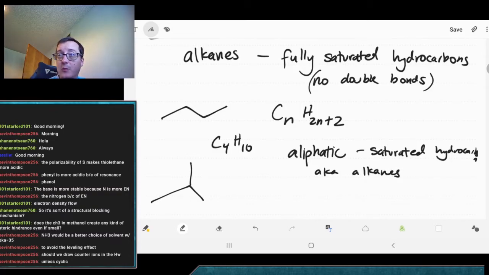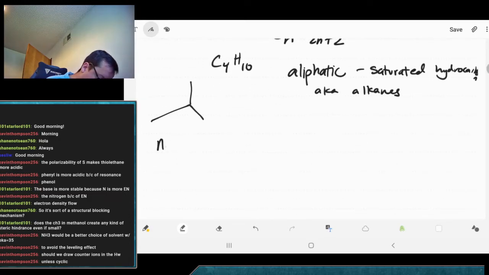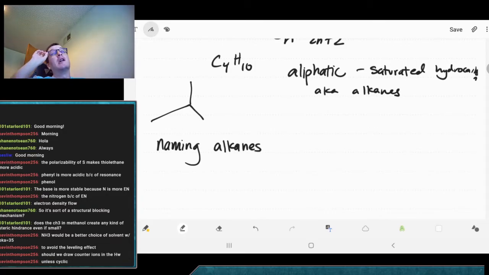The first thing we want to do with talking about all these alkanes is to learn how to name them. We are going to start by learning how to name linear alkanes. This is our first foray into nomenclature of organic compounds.